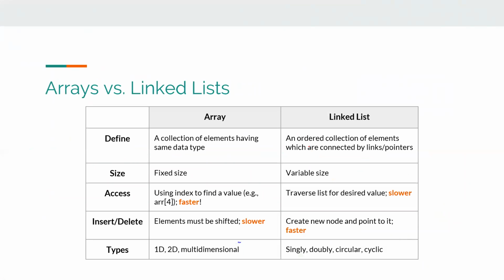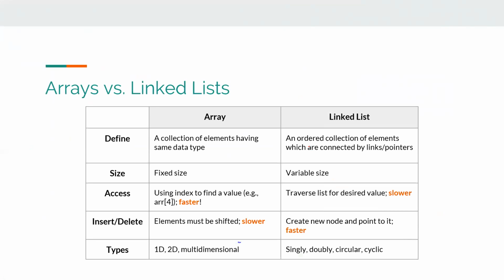I think I maybe should rearrange these a little bit. So in summary, this is a list of the differences and similarities between them. Arrays are a collection of elements of the same data type, and so are linked lists, but they're connected by pointers.